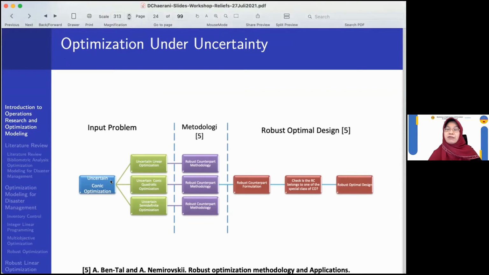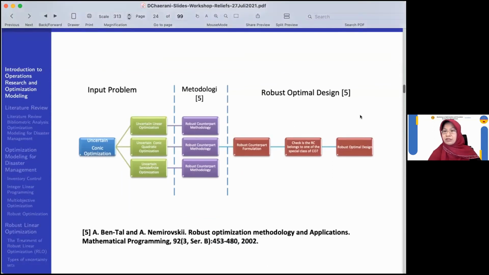So for conic optimization, the objective function needs to be linear, while the constraints need to fulfill convex structures. That methodology is known as the robust counterpart methodology. And then what we need to achieve is the robust optimal design, where the result needs to state whether the robust optimization can succeed. It's a reformulation from the counterpart.